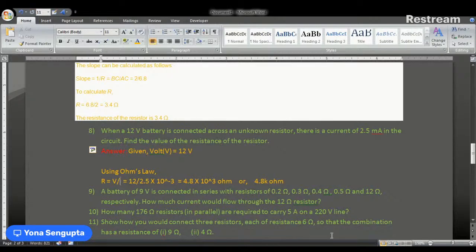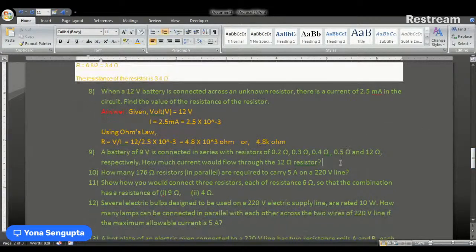It will not be time, it will be I. So it is given as I equals 2.5, or it can be written as 2.5 into 10 to the power minus 3 A. Okay, so this is the answer.